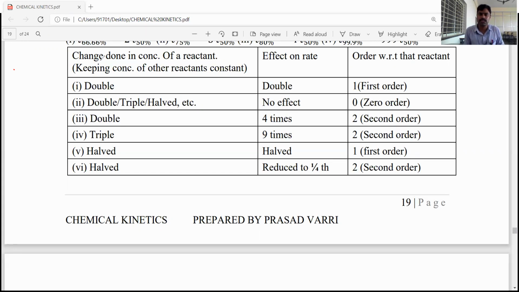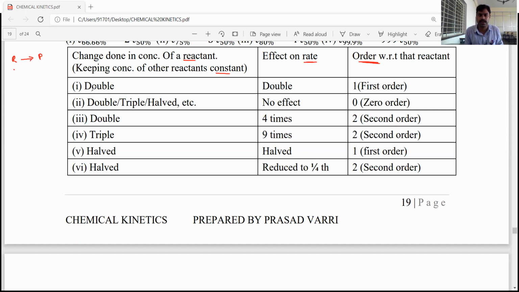So we change the concentration of one reactant while the other reactants are constant. Then how will the rate be affected? According to how the rate is affected, we need to find the order of the reaction. For example, take one chemical reaction where reactants are converted into product, dear students.